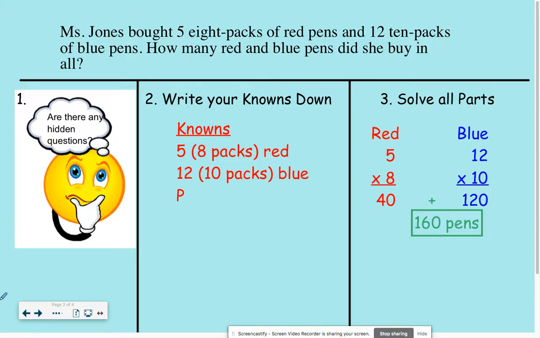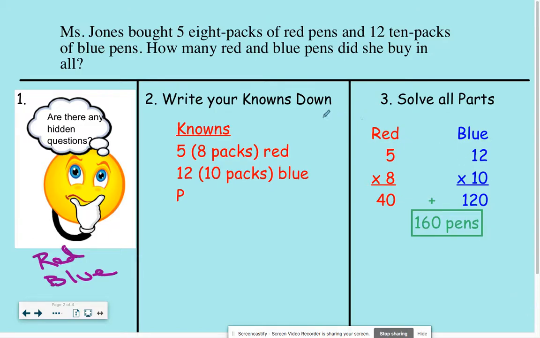But what I don't know is how many red pens she actually bought or how many blue pens she actually bought. So that is my hidden question. Sometimes there could be more than one, like in this case. I do not know how many red pens or how many blue pens we have in total.